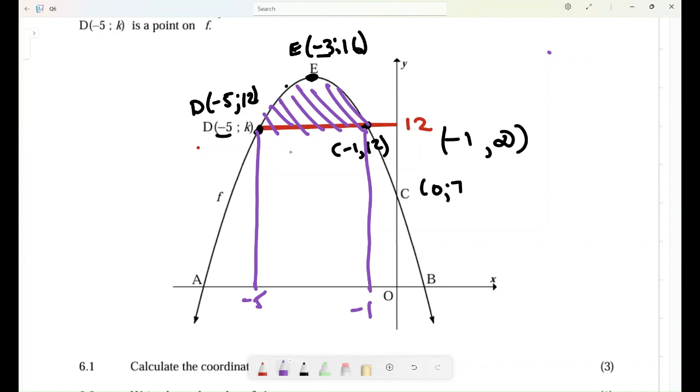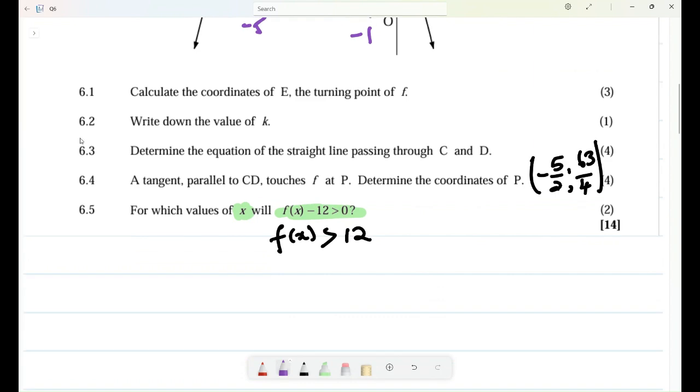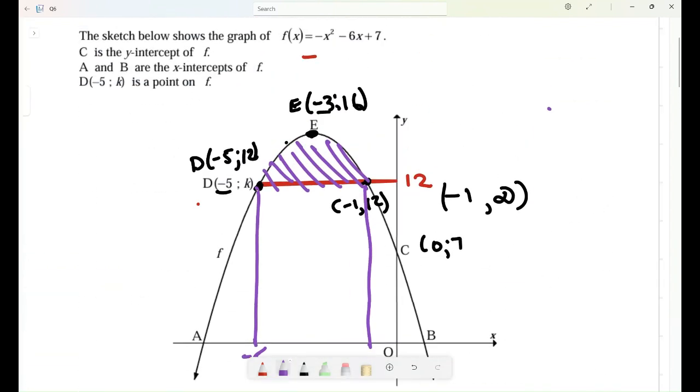But the examiner says where they are greater than 12, so at negative 5 and negative 1, they are equal to 12, right? The examiner wants where they are greater, so we do not include that.